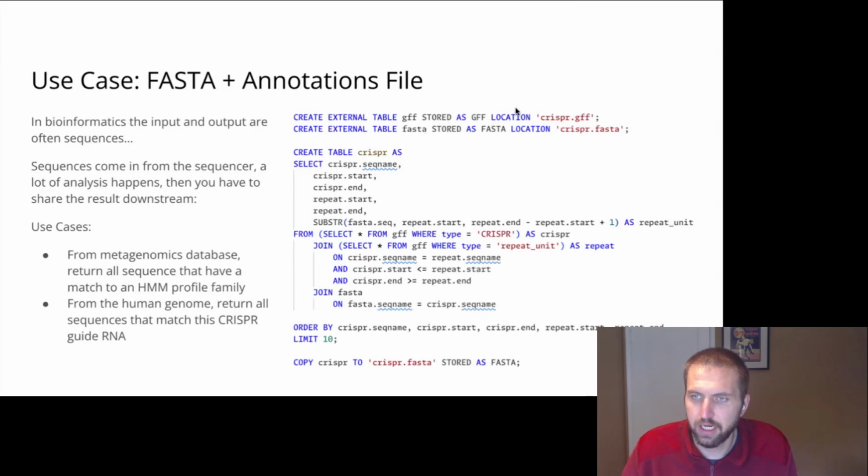The idea is you have a GFF file and a FASTA file, and you can join the CRISPR annotation to the repeat unit. Without getting too much into it, there are multiple parts of a CRISPR system, and we can join that to our FASTA and select out only the repeat unit.